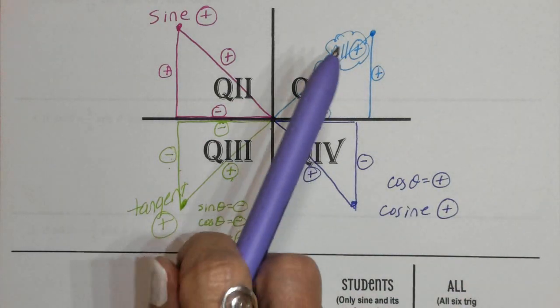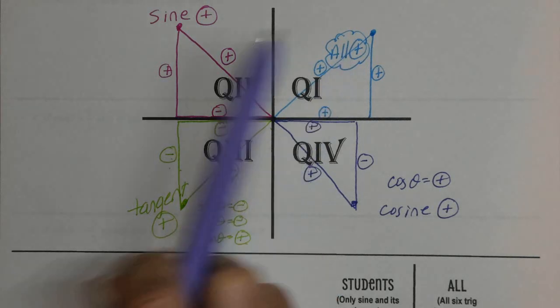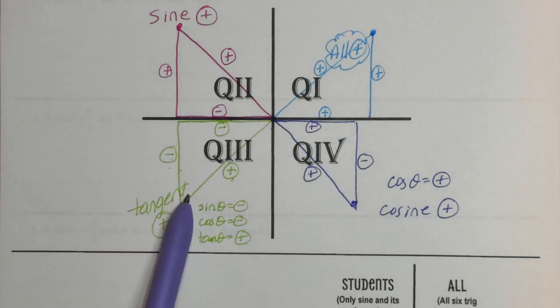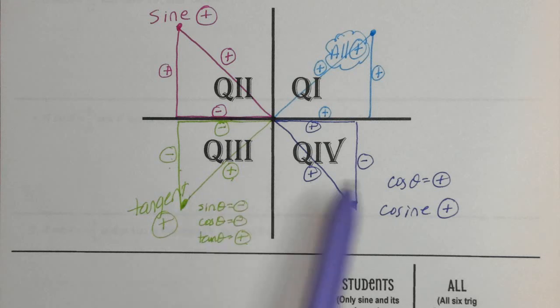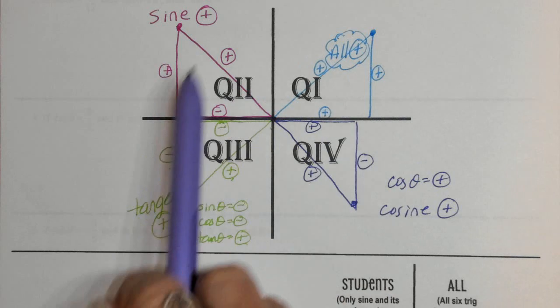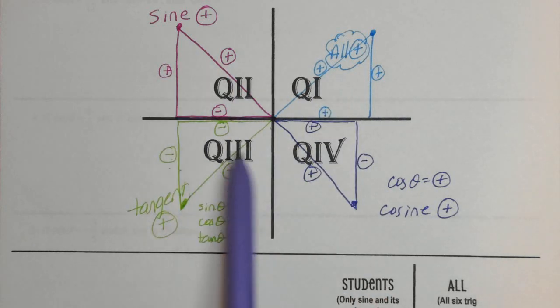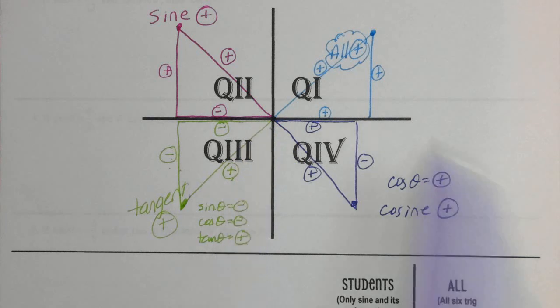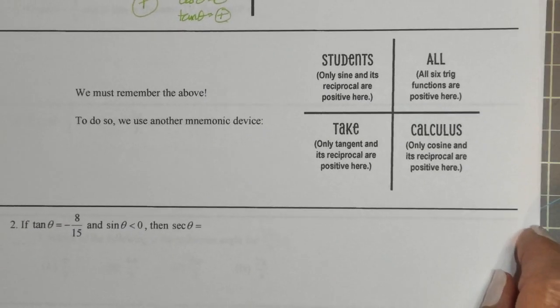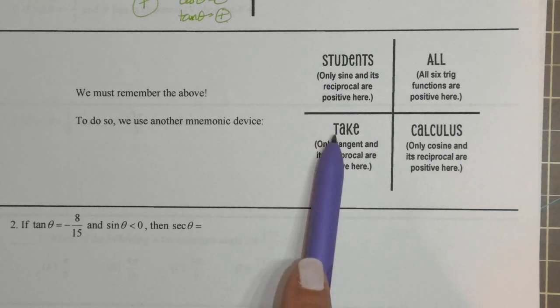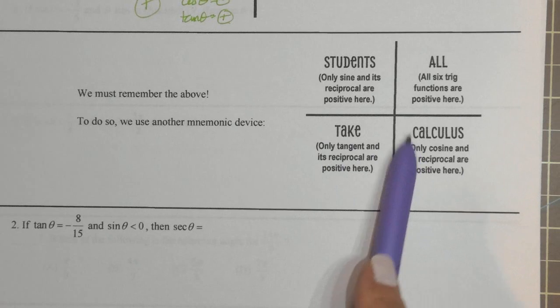So let's summarize. All positive in quadrant 1, only sine and its reciprocal in quadrant 2, only tangent and its reciprocal in quadrant 3, only cosine and its reciprocal in quadrant 4. This is important stuff. You're going to use this all the rest of the year and all through calculus. One way to remember it is with this mnemonic device. All students take calculus.